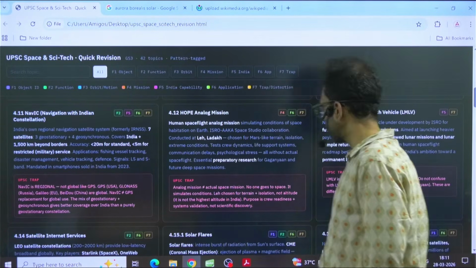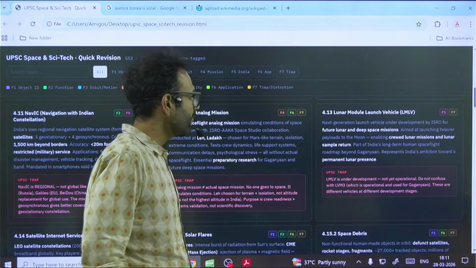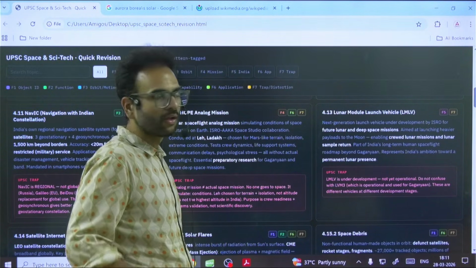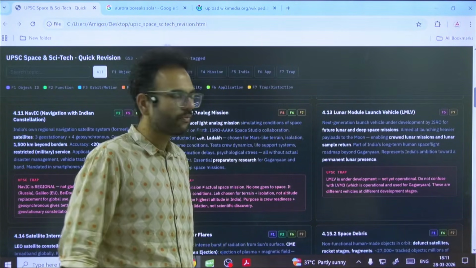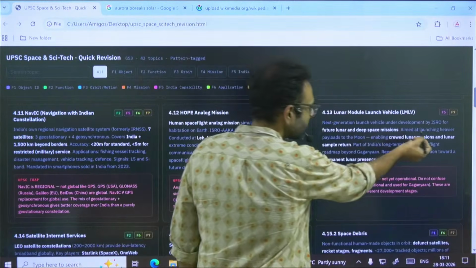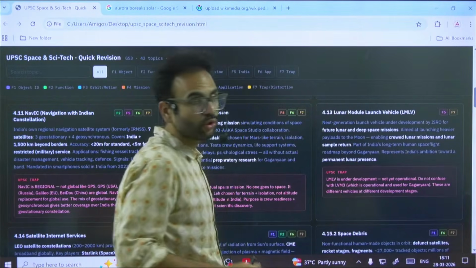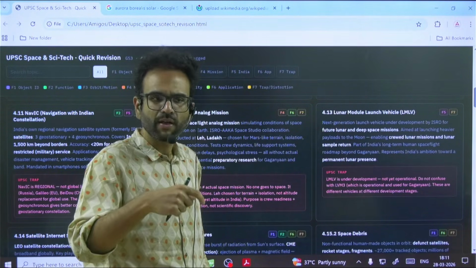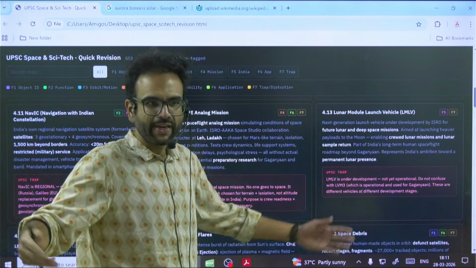Lunar Module Launch Vehicle. What is the difference between this and LVM-3? Don't get confused between the launch vehicle and this lunar vehicle. So you are trying to launch heavier payloads to the moon. You're trying to send even crewed lunar missions, like you want Indians to land on the moon. So you need heavier payloads.